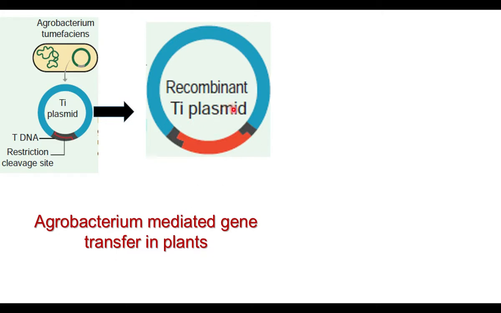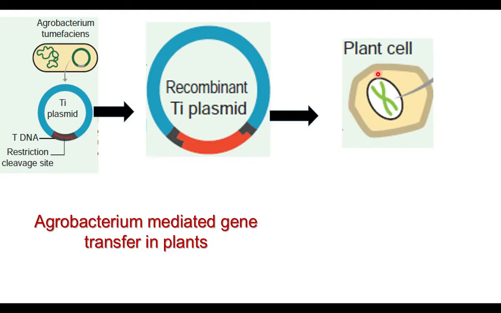This recombinant Ti plasmid is transferred into plant cells. So we have to transfer the recombinant Ti plasmid into the plant cell. Before that, the recombinant Ti plasmid is inserted into the Agrobacterium. The Agrobacterium is allowed to infect the plant cell.